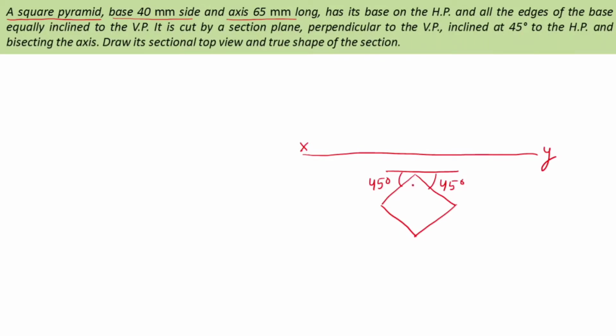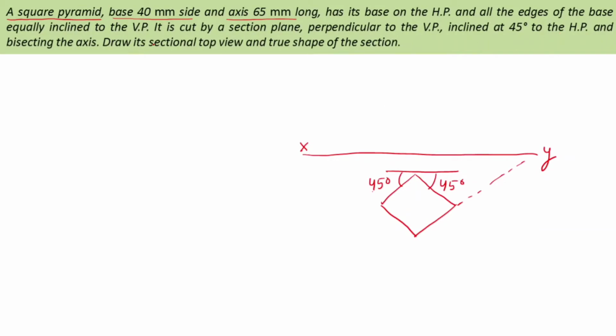So this is the xy line and this is the top view of our square pyramid, and that is inclined at 45 degree to this xy line. All four sides are equally inclined to our VP. That means a 45 degree angle.